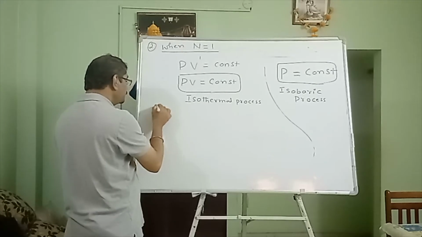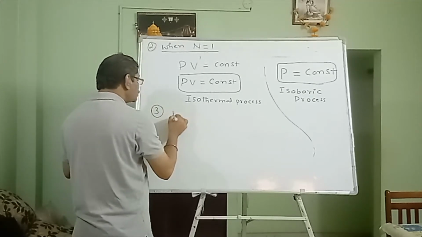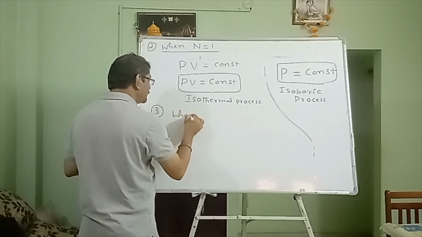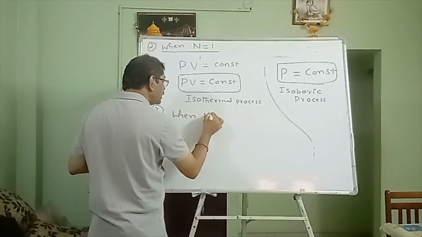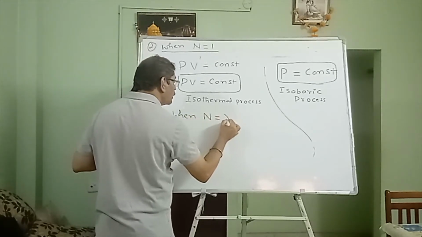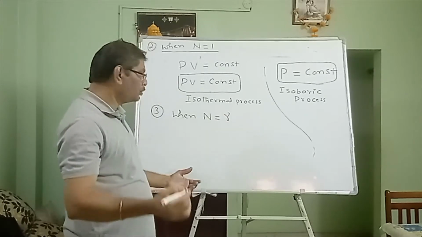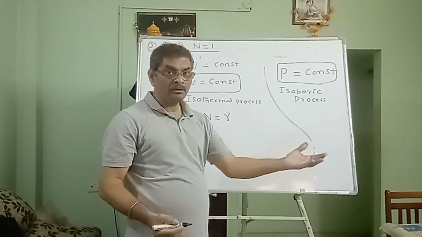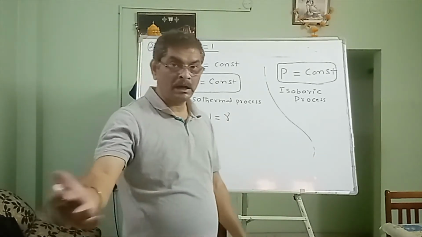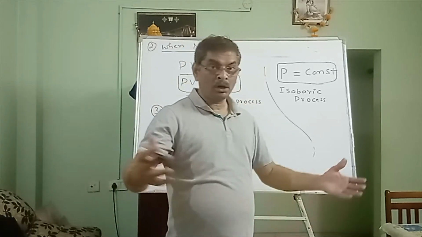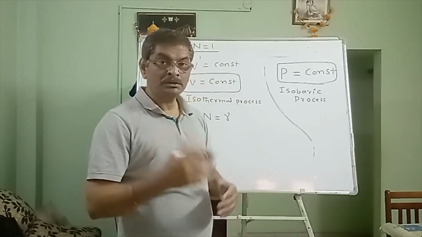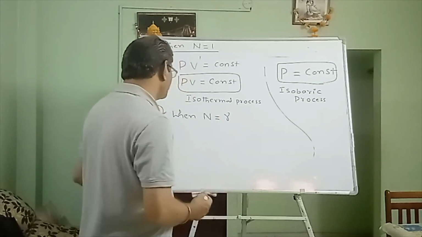Similarly, the third case is when N is equal to gamma. You already know that gamma is called the adiabatic exponent, or the ratio of specific heats.